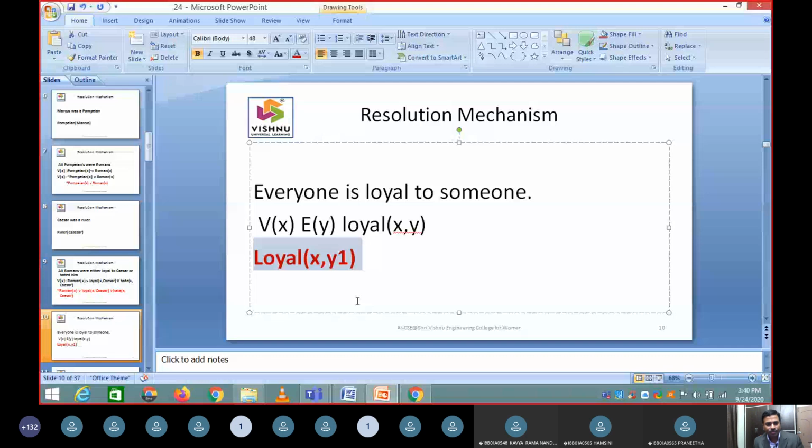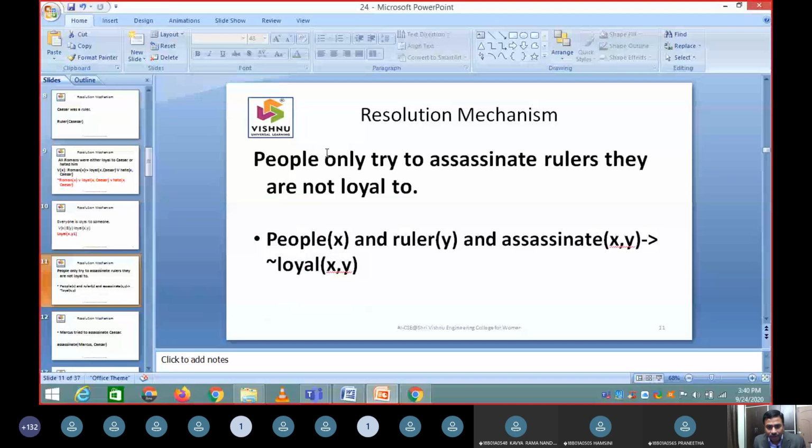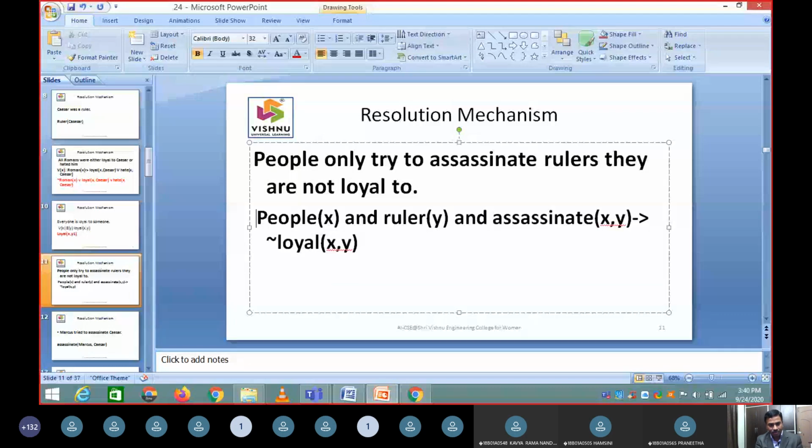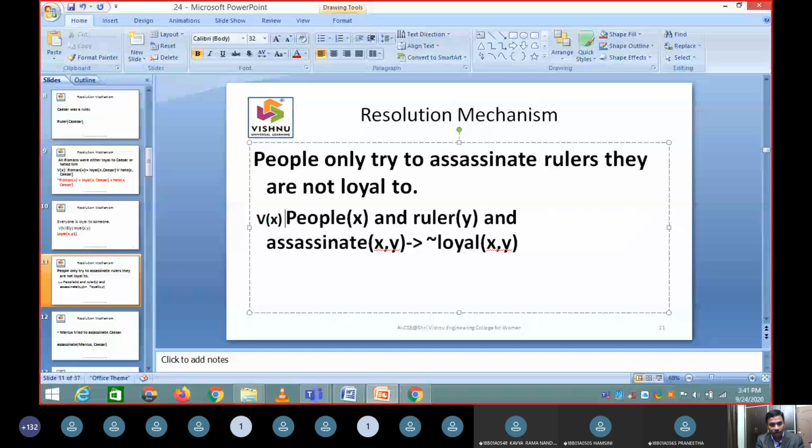People only try to assassinate rulers they are not loyal to. Yesterday I had written this statement, but whenever I write this statement, I have to write for all of x and for all of y, because I have used these terms. So this is also not in clause form, because you have implication here. See, this is the implication here, and I have to remove this part.